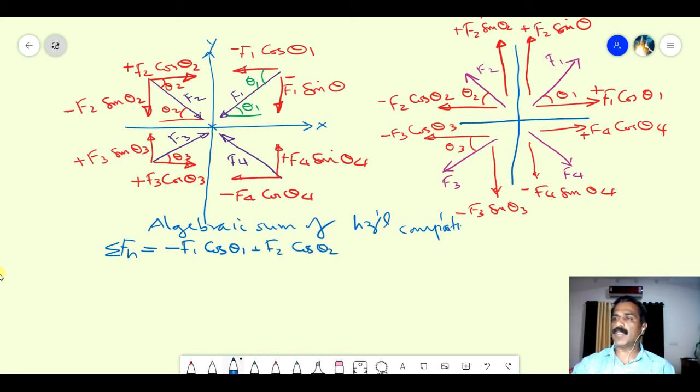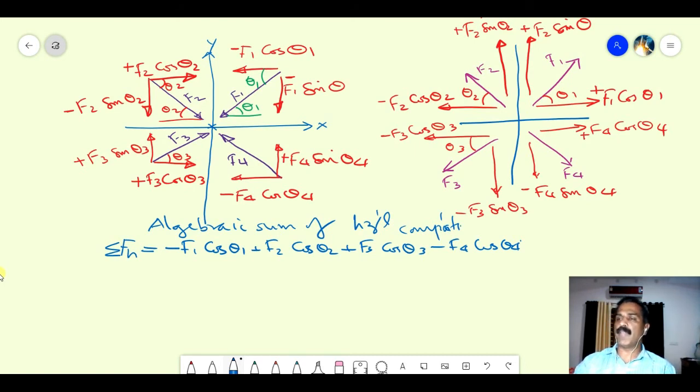Again here it is plus F3 cos theta 3, and here it is minus F4 cos theta 4. So this is the equation for sigma Fh, or the algebraic sum of the horizontal components of all the forces.